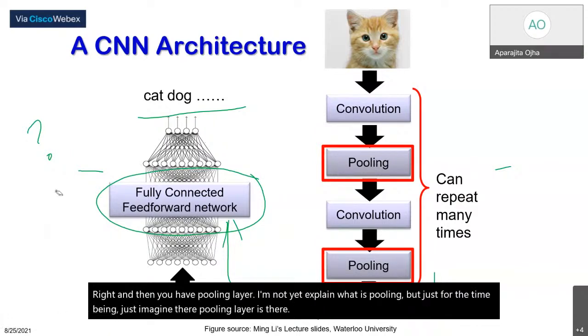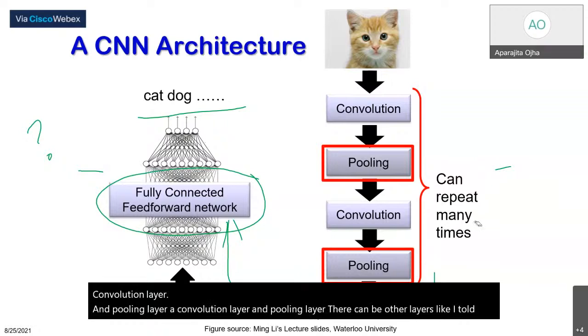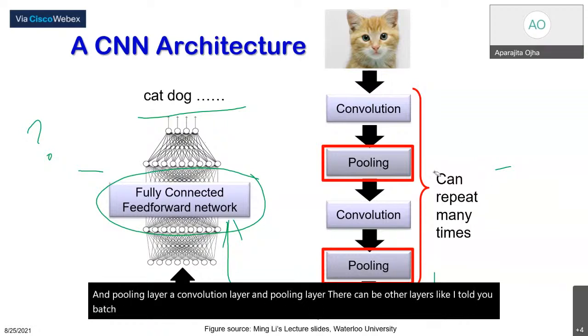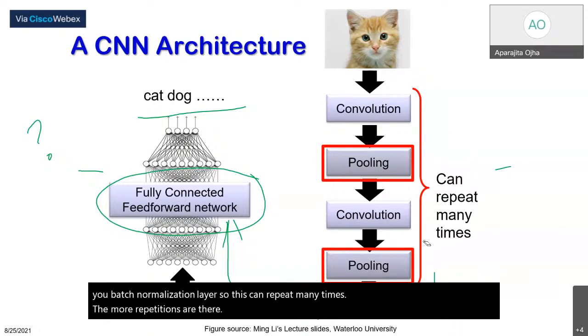So you have a convolution layer and a pooling layer, a convolution layer and a pooling layer. There can be other layers, like I told you, a batch normalization layer. This can repeat many times. The more repetitions there are, the deeper the network is. It is a deep convolutional neural network.